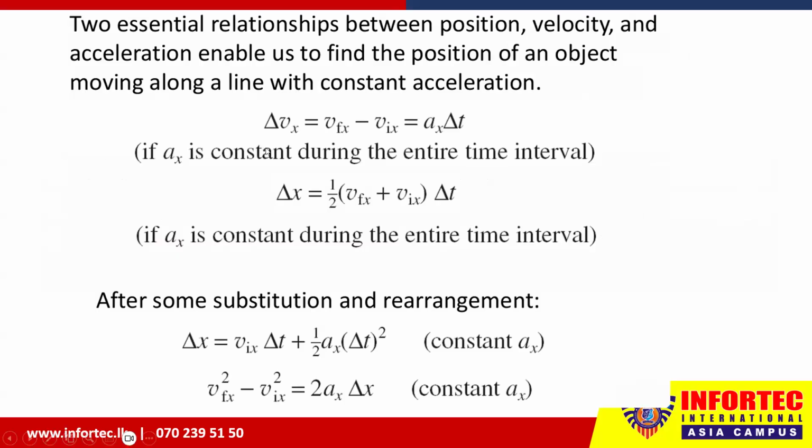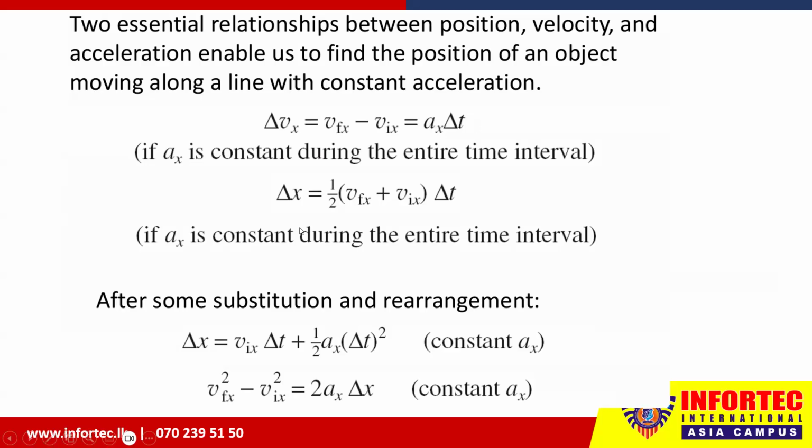Delta v_x is the final velocity minus the initial velocity, the change in velocity. It equals a_x, which is constant during the entire time interval, where a_x is the acceleration along the x-axis. Then delta v_x equals a_x times delta t, right?